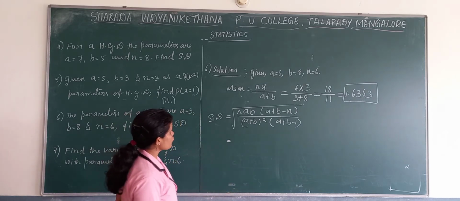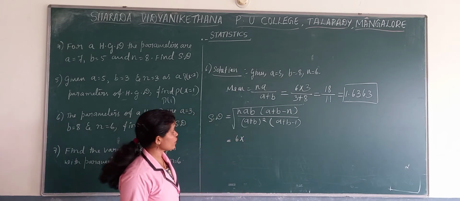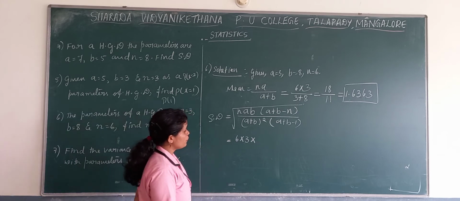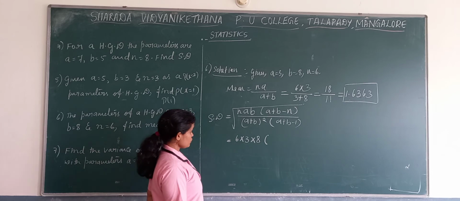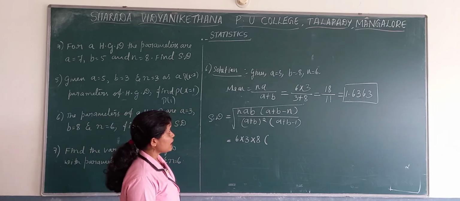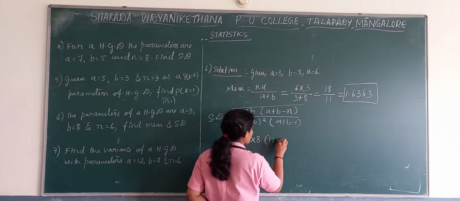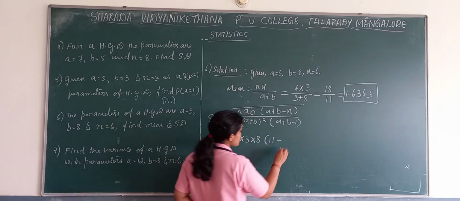What is the value of n? n is 6 there. What is the value of A? Value of A is 3 and value of B is 8. Then into A plus B, 8 plus 3, 11, minus n. What is the value of n? n is 6 there.